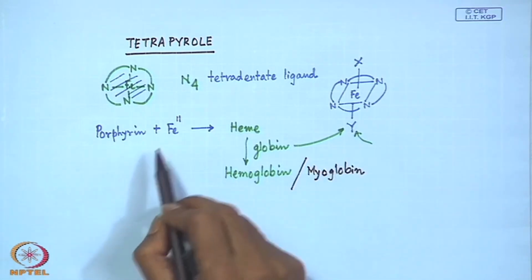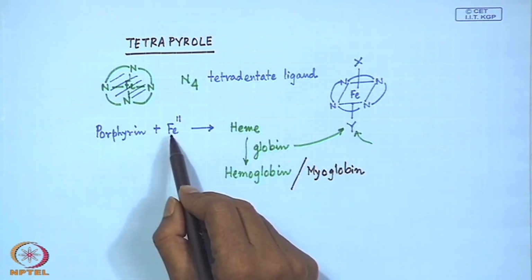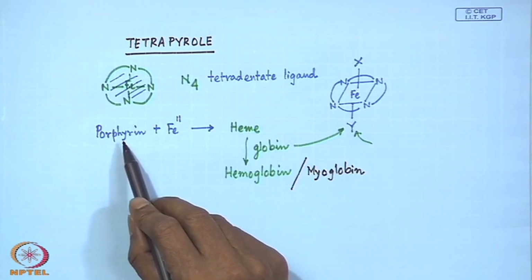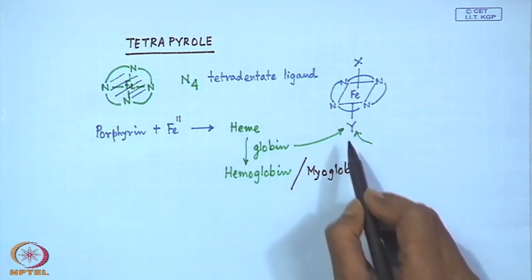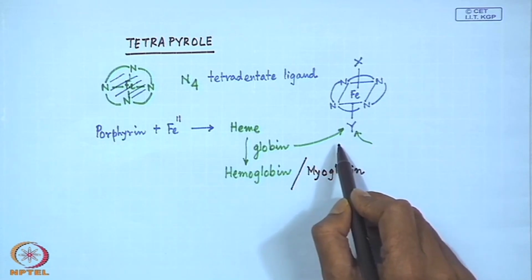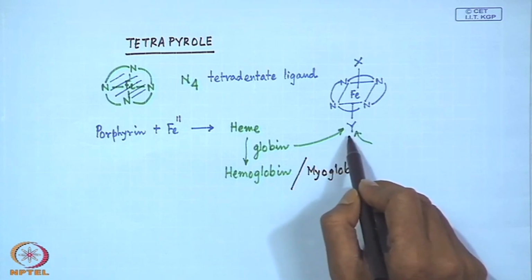and they are all typically iron tetrapyrrole systems, that is, iron complexes of the porphyrin ligand, further coordinating from the globin. The imidazole nitrogen from the amino acid side chain is coming in.